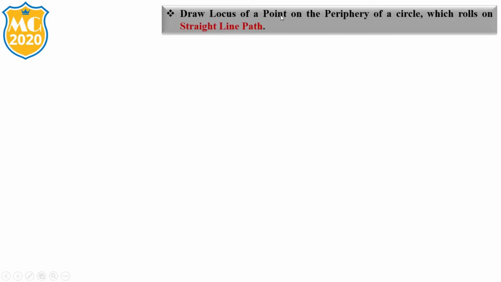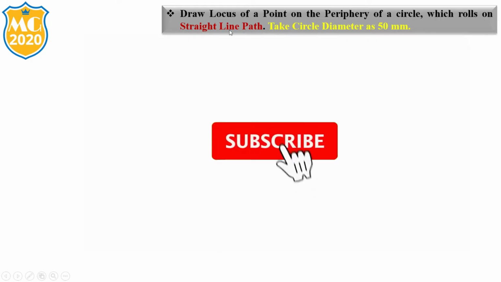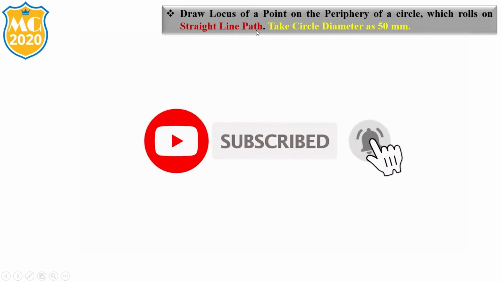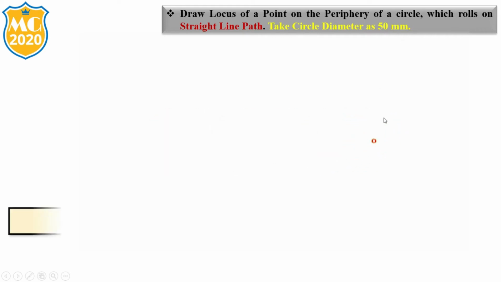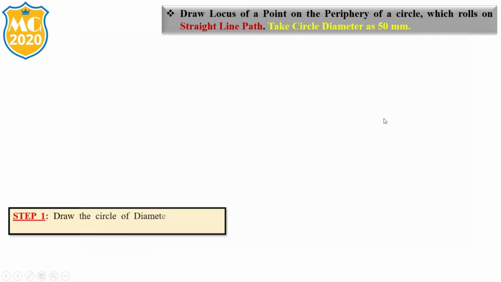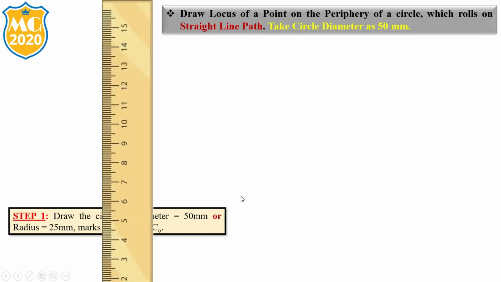Draw a locus of a point on the periphery of a circle which rolls on a straight line path. Consider the diameter is 50. So step number 1, draw the circle of diameter 50 mm, or we can say the radius is equal to 25 mm, and mark its center as C. So first we have to mark the point here.